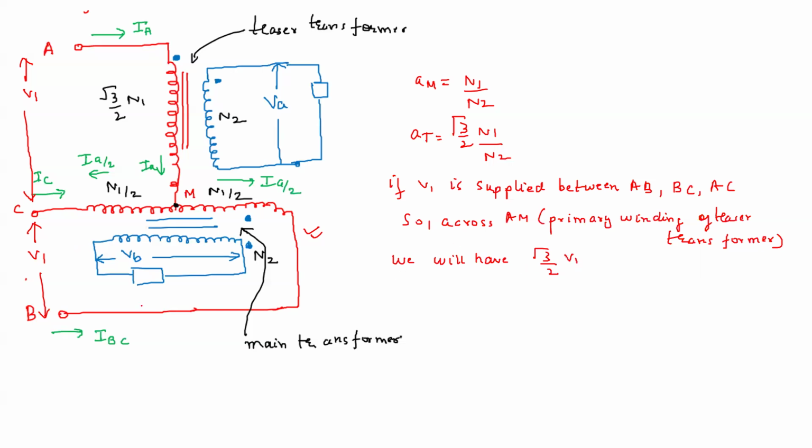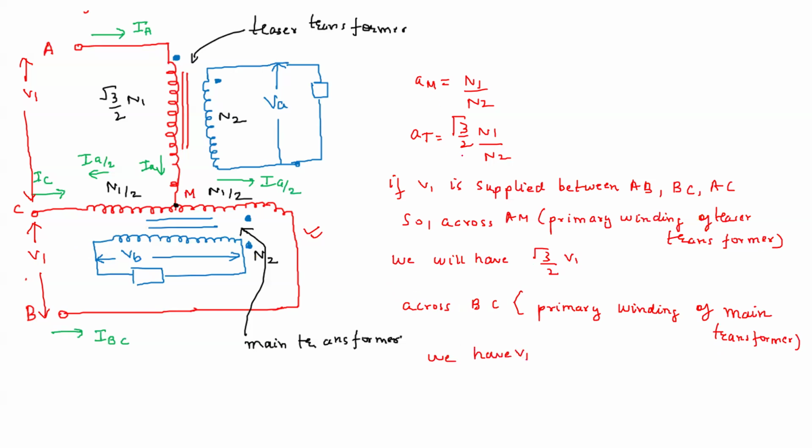And across BC, the primary winding of the main transformer, we have V1.